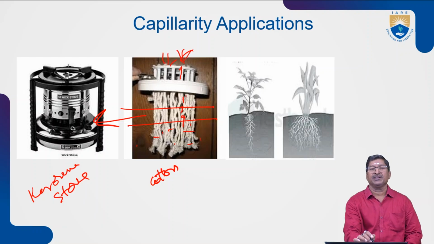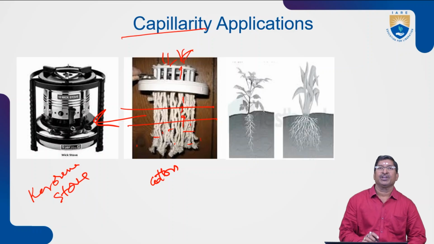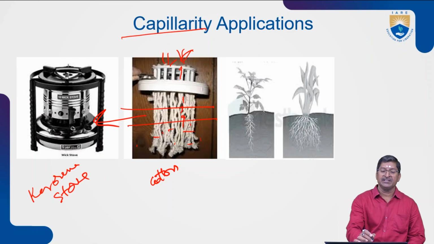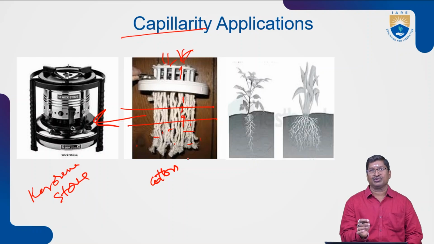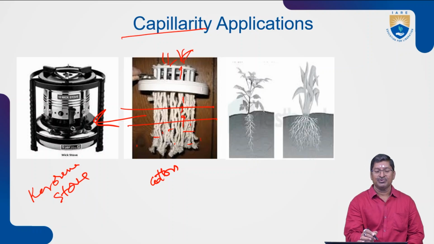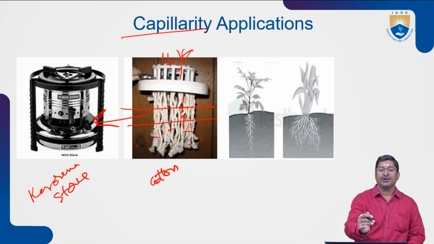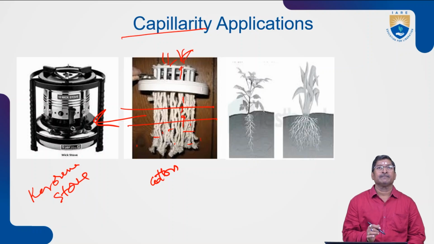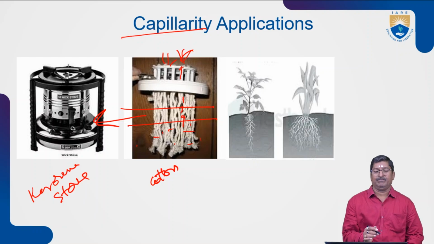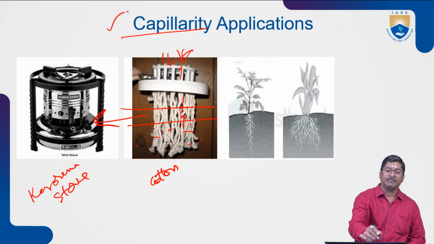This is happening due to the property of capillarity. The cotton threads have micropores in them, and those micropores act as small tubes, so the kerosene travels from bottom to top at the flaming region. That's why the flame will occur. So this is due to the capillarity action.